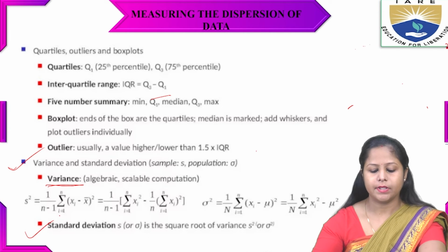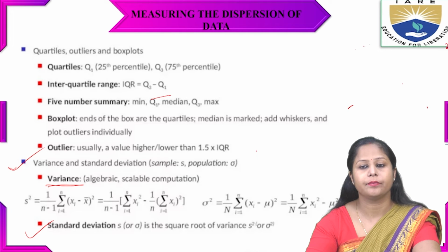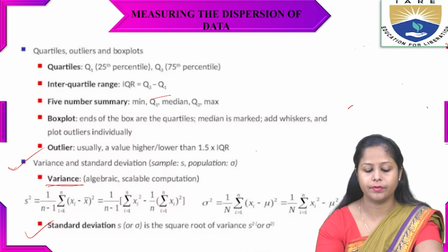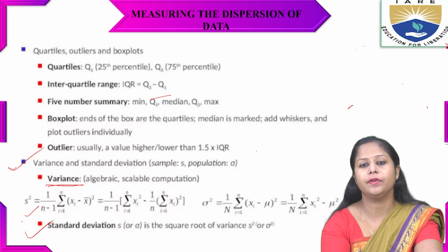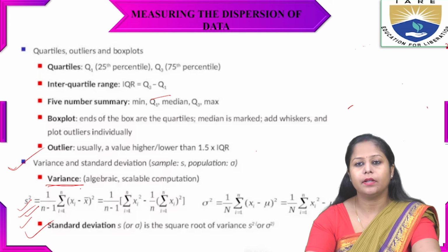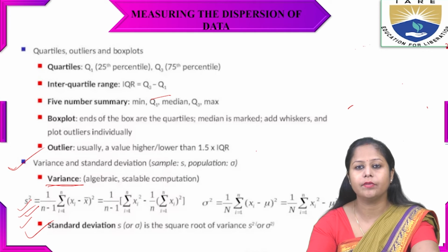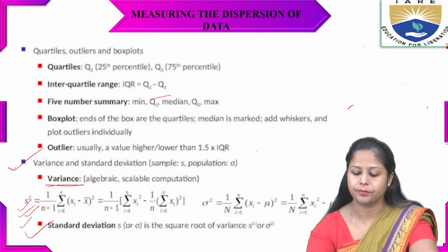Standard deviation sigma is the square root of variance. So if we calculate the variance, the standard deviation is the square root of that calculation.